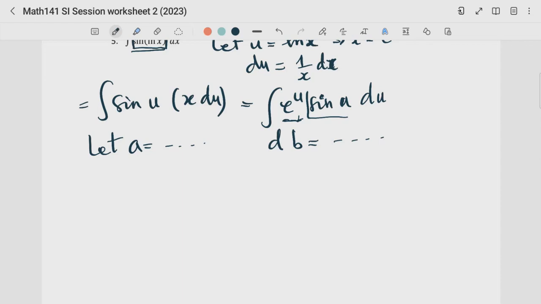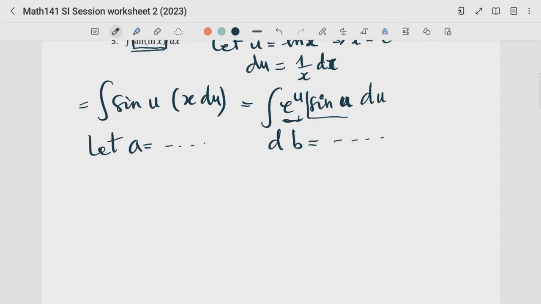If we keep in mind the logic that we choose a to be the function that is easily differentiable, both of these functions, e to the u and sine u, are easily differentiable. So now the choice becomes which one is a and which one is db. So what do you think?